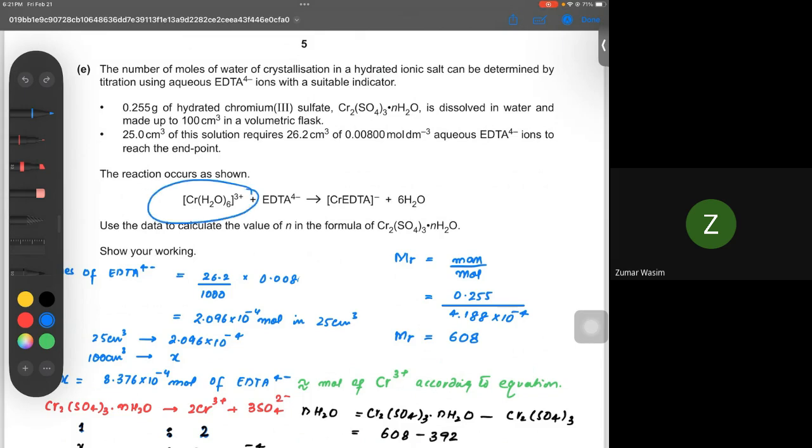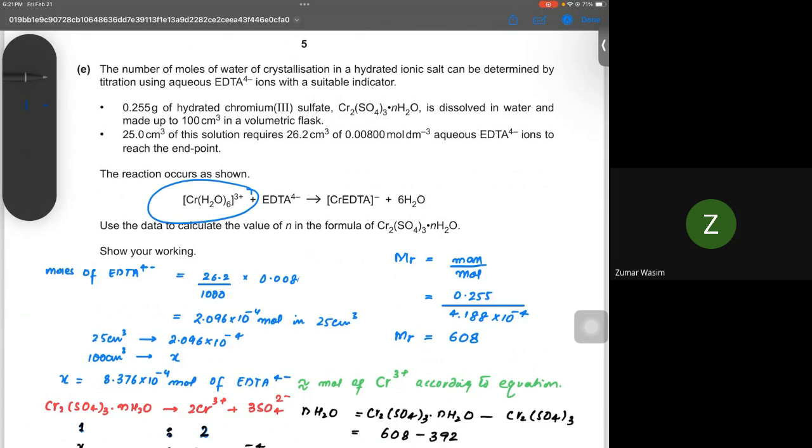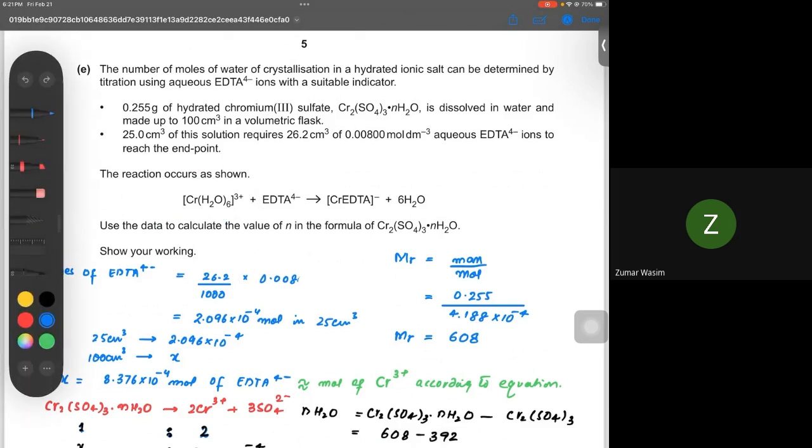This is the hydrated ionic salt, right? Let me write this. It's going to react with EDTA4 minus with a suitable indicator.